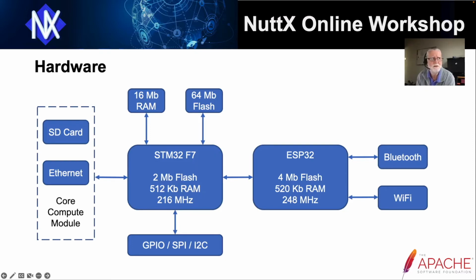I think this becomes about 180 kilobytes by the time that the system has started up and the application is loaded. This chip runs at a quite beefy 248 megahertz, and is connected direct to the STM32 in order to provide the Wi-Fi and the Bluetooth features. And we'll have a look at how that's achieved in a later slide.